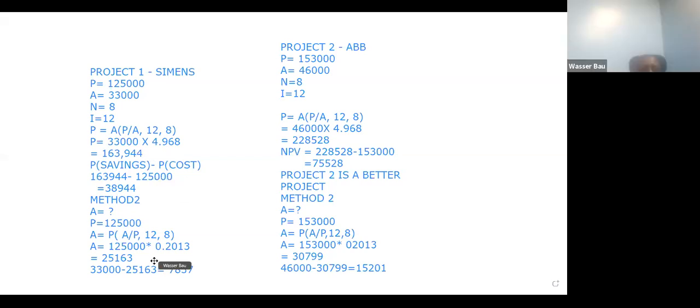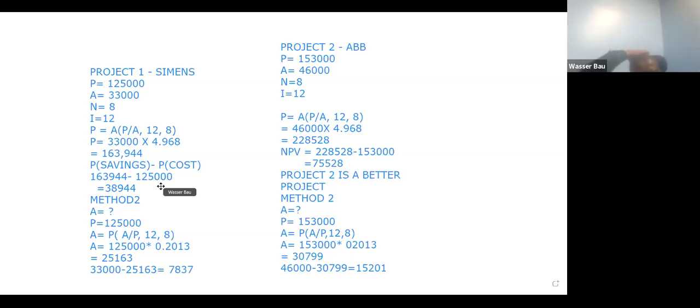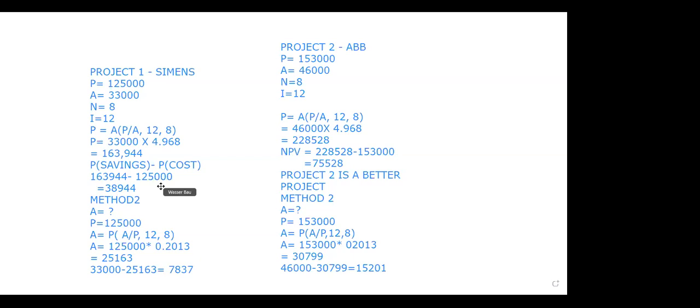This is per annum, per year. Yes. I think the second A is not savings. It's actually the cost that you split into annual cost. That 25,163 is the cost of that project, but you've split it into an annual cost. Yeah, exactly, that's what I'm saying. We're saying the same thing. I didn't say savings. No, you said savings.